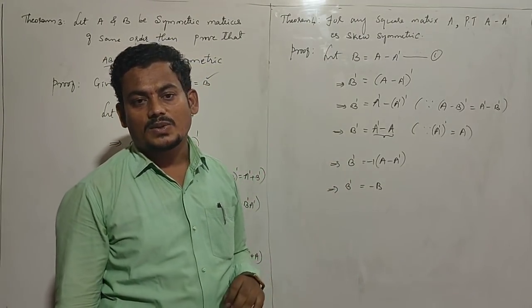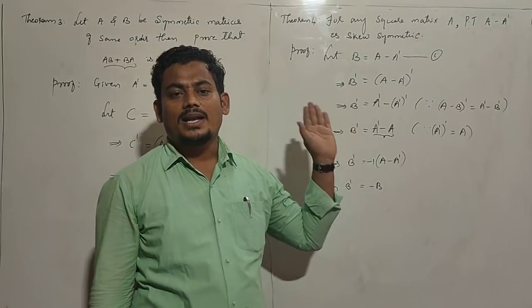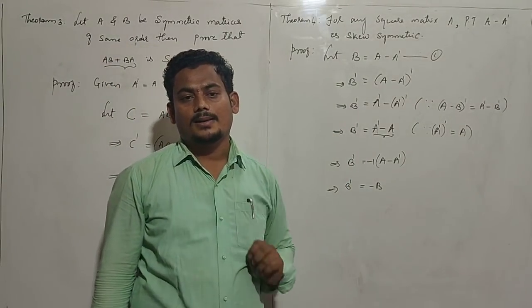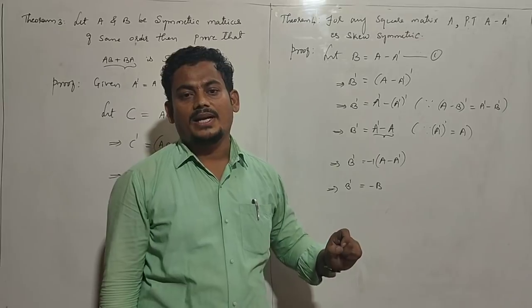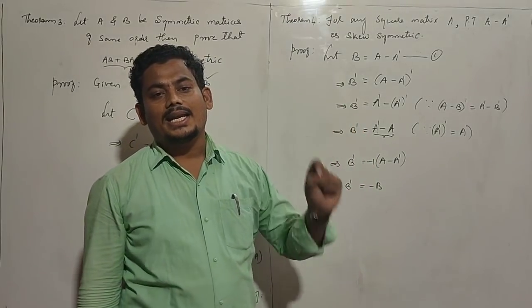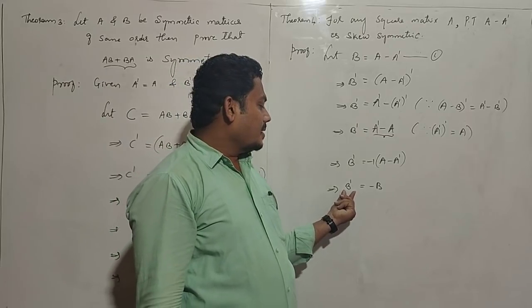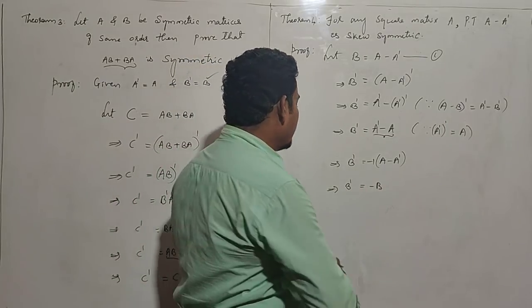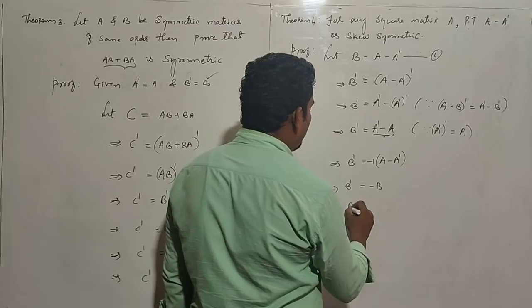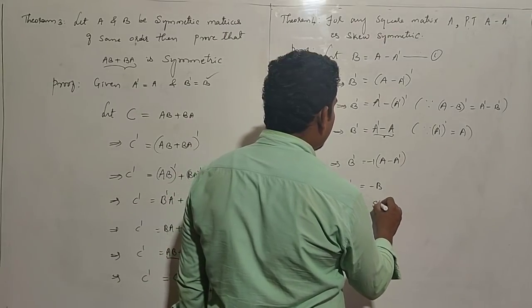By definition of skew symmetric matrix, a square matrix A is said to be skew symmetric if A transpose equal to minus A. In this case, B transpose equal to minus B, then we conclude B is skew symmetric.